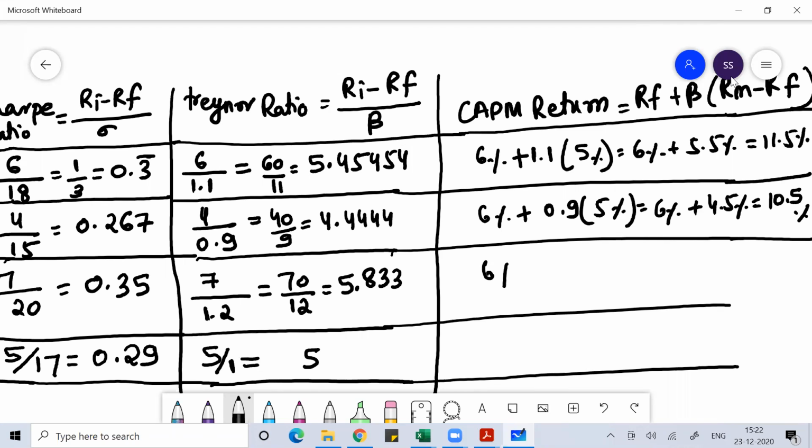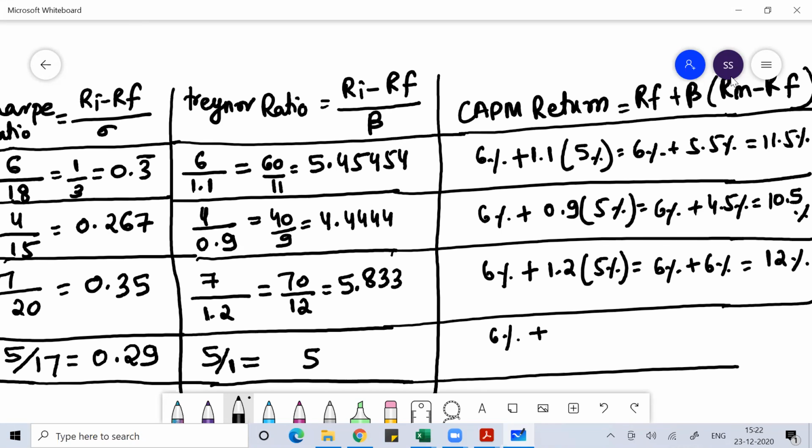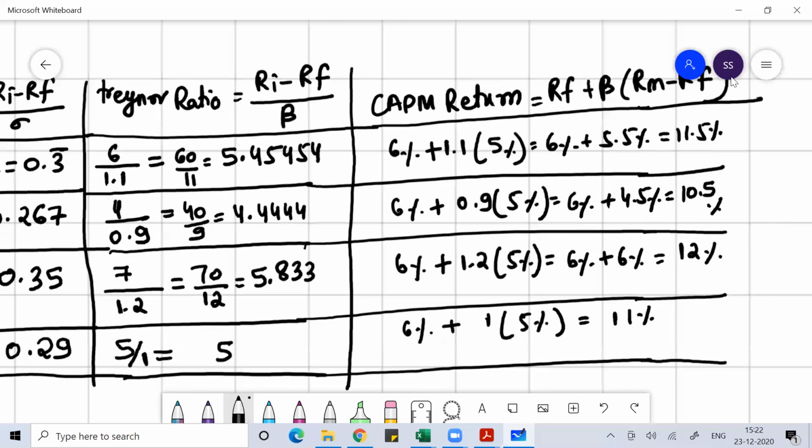Then it is 6 plus 1.2 into 5, means 6 plus 6, which is equal to 12%. Then it is 6 plus 1 into 5. You get 11%. See this everyone? Anyone have any doubt?